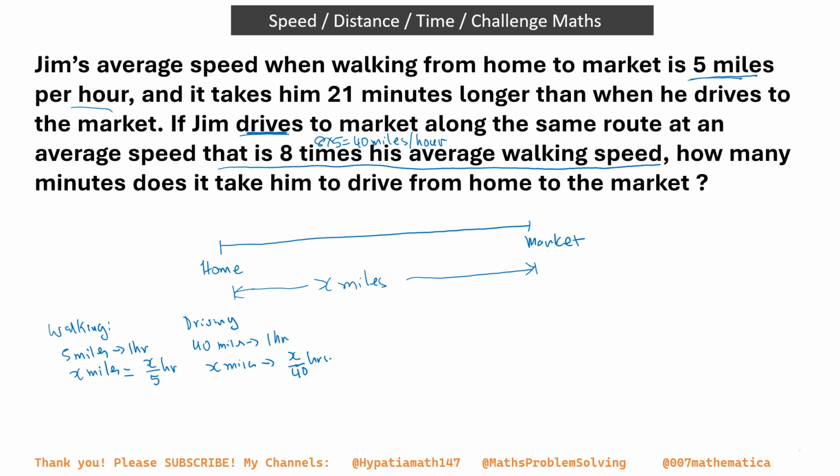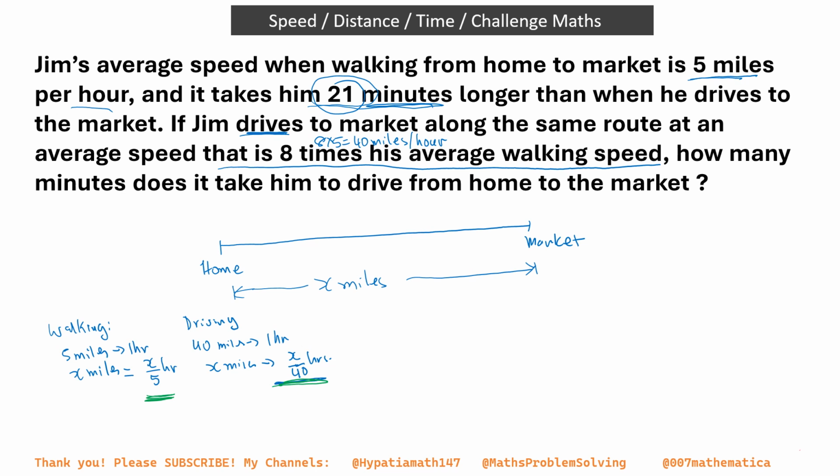Now the difference in time is 21 minutes, 21 minutes longer than when he drives to the market. So the difference is 21 minutes, and we account for that by subtracting these times, the x out of 40 and x out of 5.